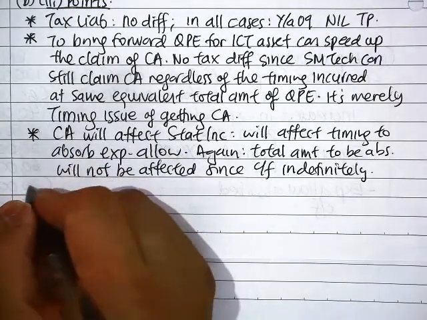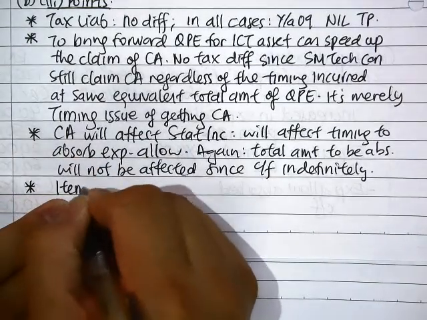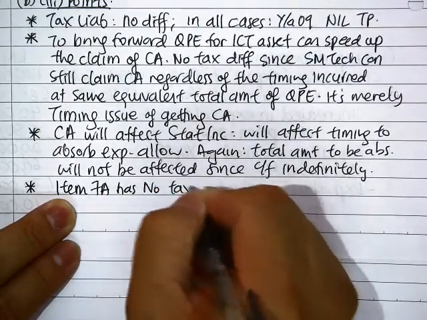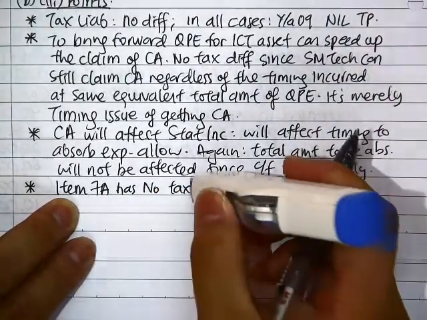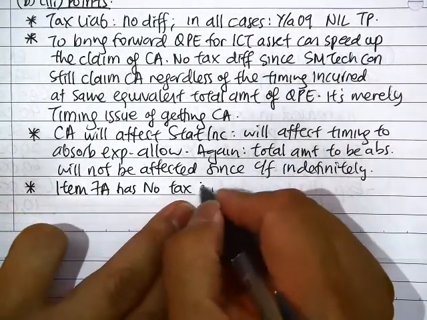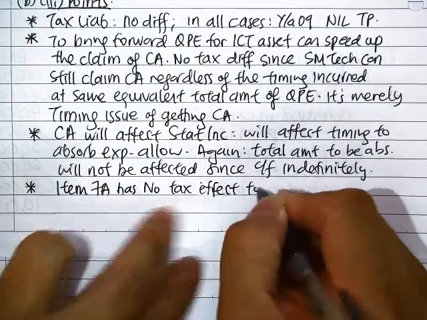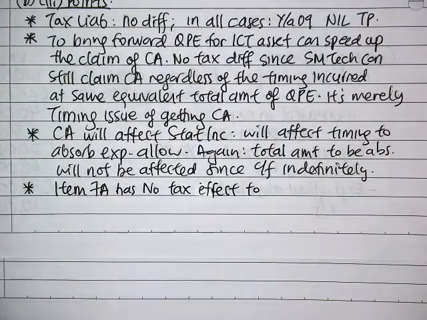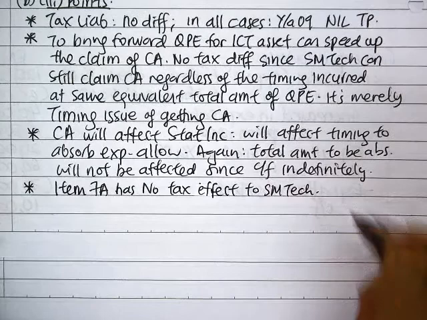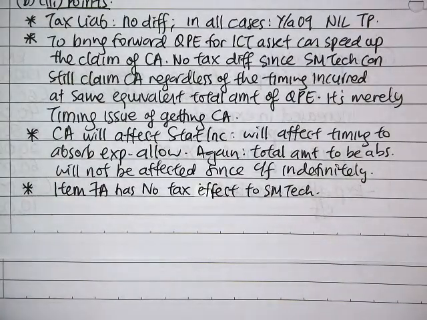So based on this issue, item 7A has no tax effect to SM tax. Whether you do it or not, it doesn't matter, okay?